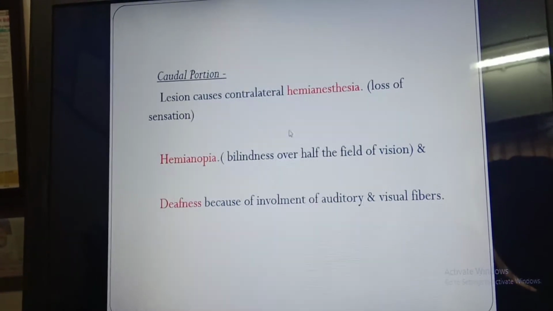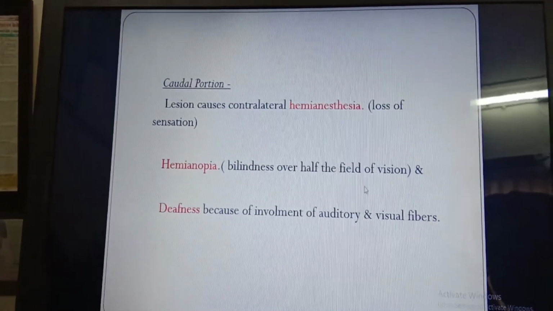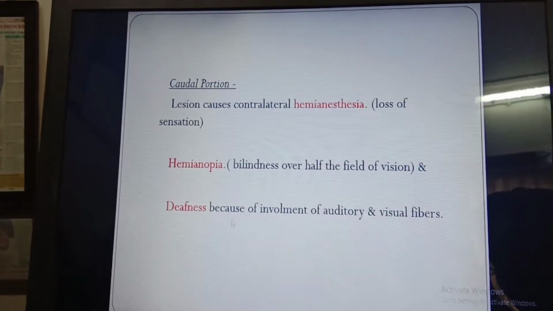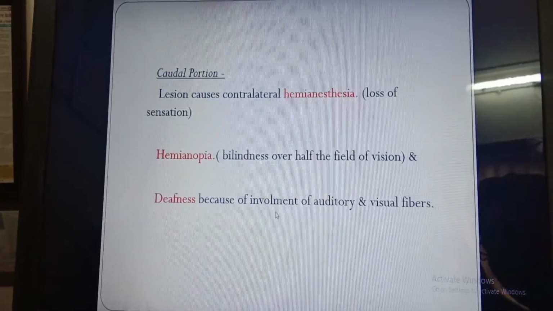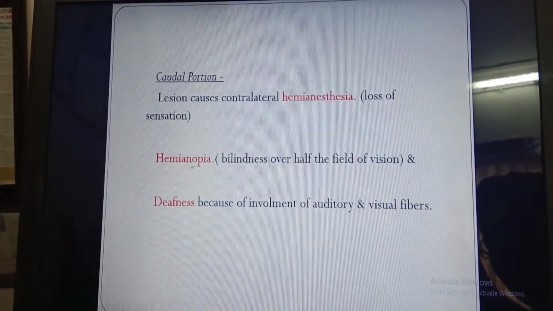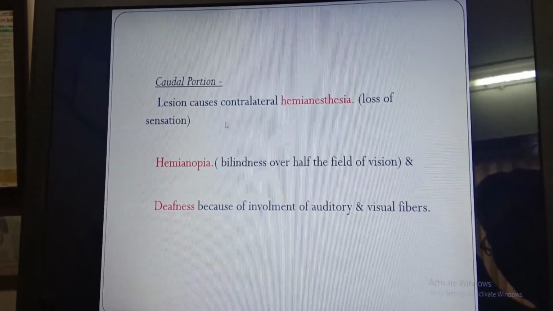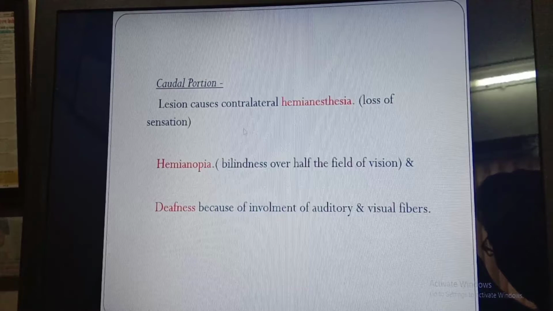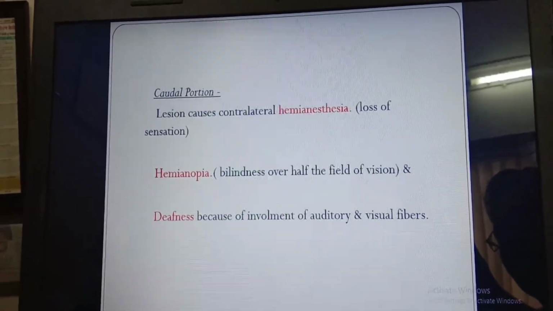That is called hemianopia, blindness over half of the visual field, and deafness, because of involvement of auditory and visual fibers. Along with these visual and ear problems, a lesion to the caudal portion is also going to cause contralateral hemianesthesia, that is loss of sensations.